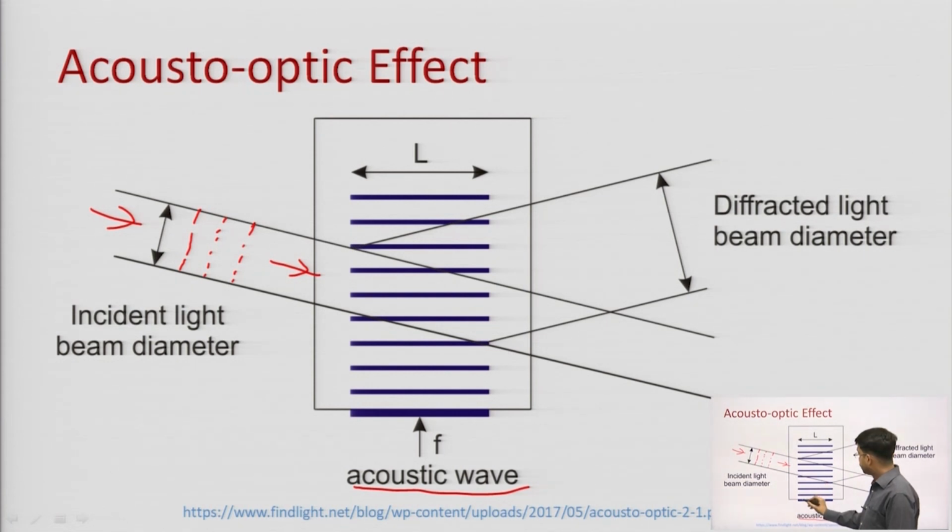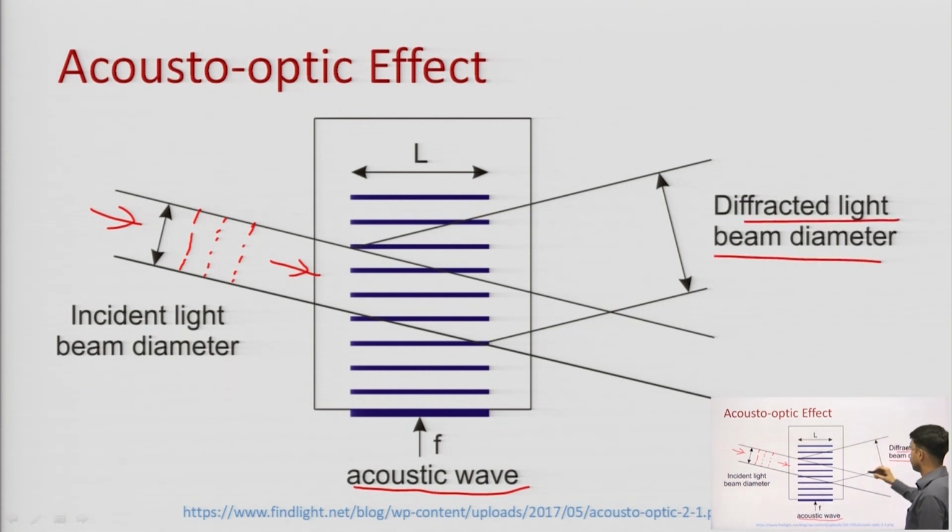You can see there are crests and troughs, and it is traveling in this direction. According to this acoustic wave, the distribution of electrons is changing and the refractive index is changing. So, accordingly the wavefront that is coming over here is modulated and diffracted. Okay. So, this effect is called the Acousto-optic effect. So, the diffracted light beam diameter over here.